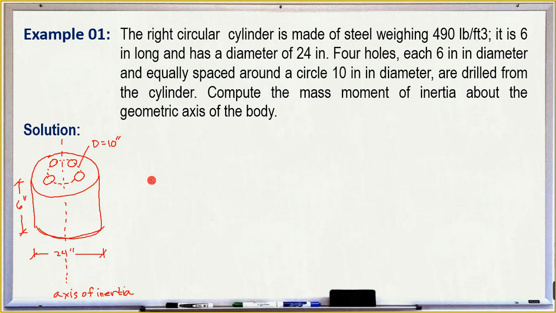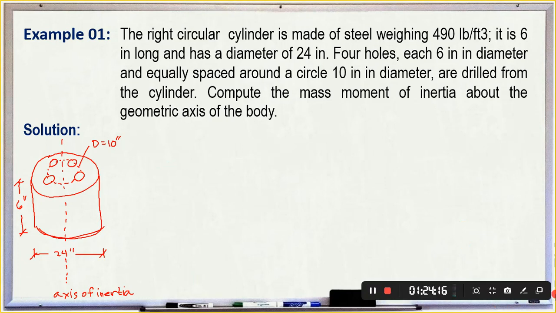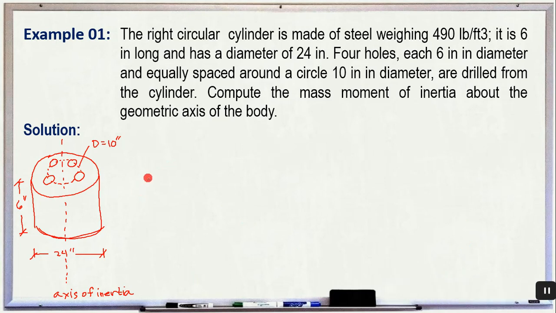Now, if we are going to draw this one, we're going to draw this. Okay, so let's continue. We're going to use the generalized formula in solving for the mass moment of inertia of this right circular cylinder with 4 holes that are drilled throughout its body.